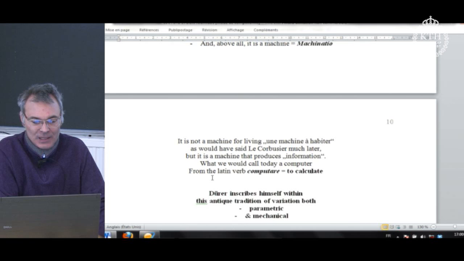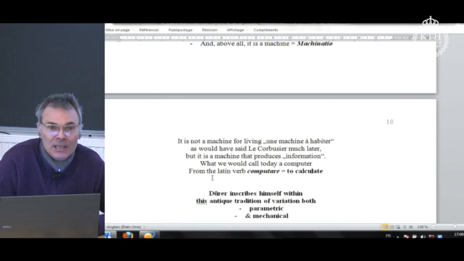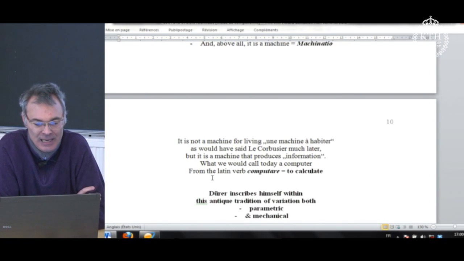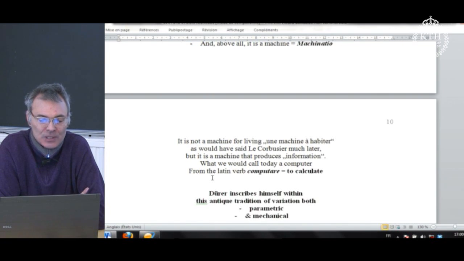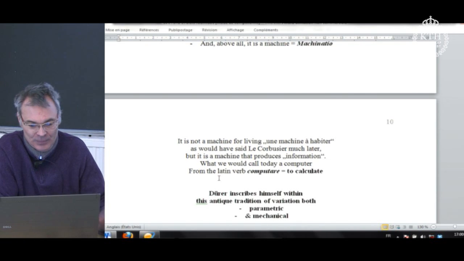To be sure, it was not a machine for living, a machine à habiter, as Le Corbusier would have said much later, but it was a machine that produced information, so it was what we would call today a computer, from the Latin verb computare, to calculate.